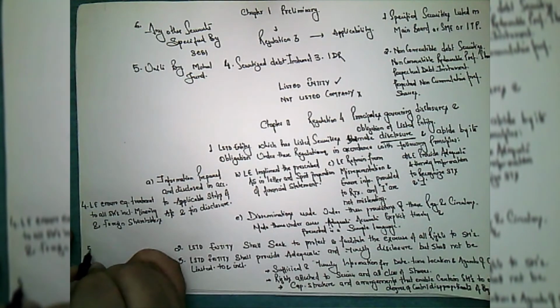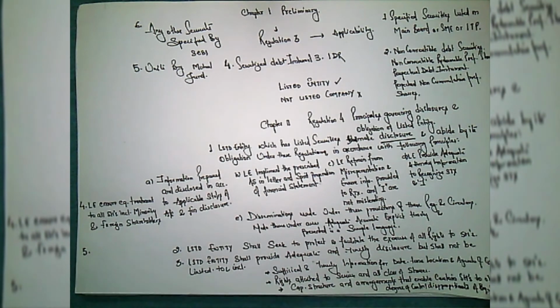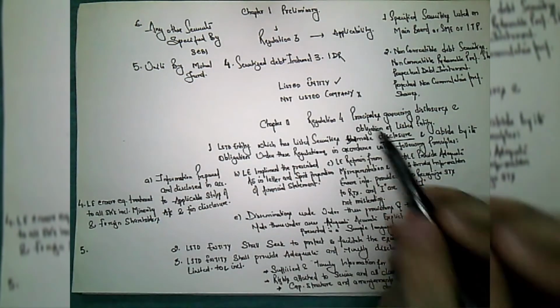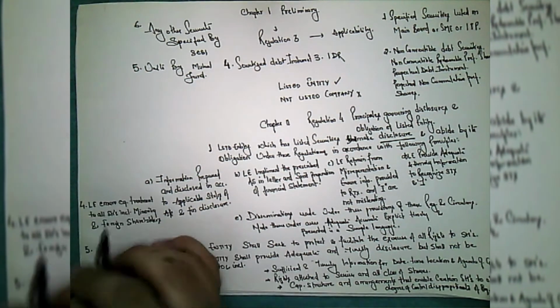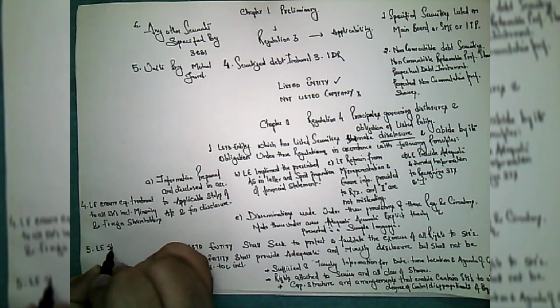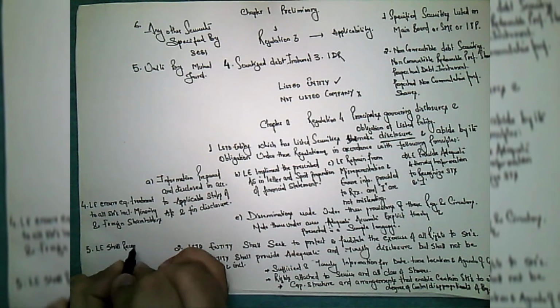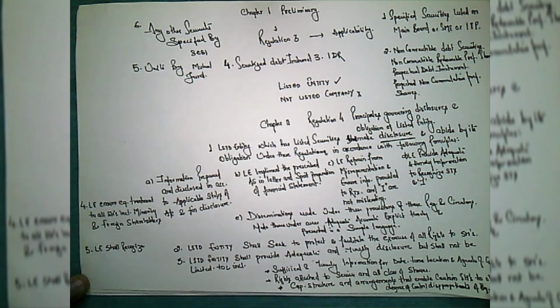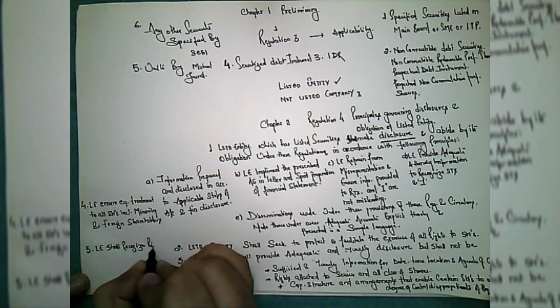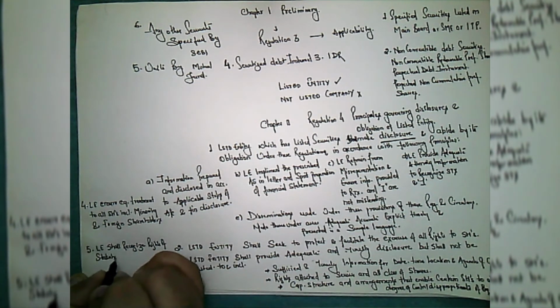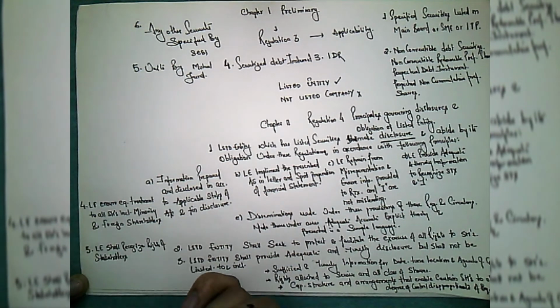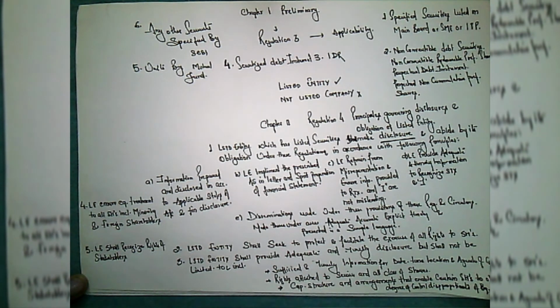And last point of this chapter 2, regulation 4, says the listed entity shall recognize rights of its stakeholders and encourage cooperation between listed entity and stakeholders.